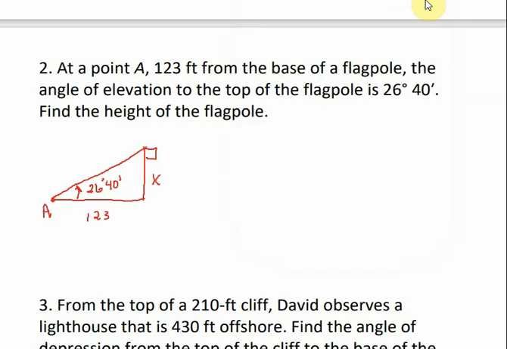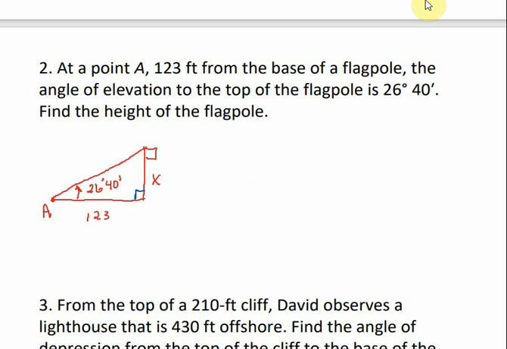All right, so in order to do that, we have to use a trig function. If this is our angle, this side would be opposite angle A, and this side would be adjacent to angle A. Of course, this would be the hypotenuse, across from the right angle.